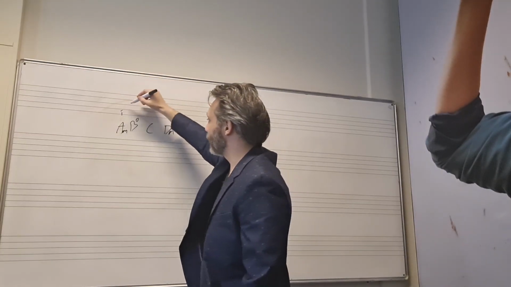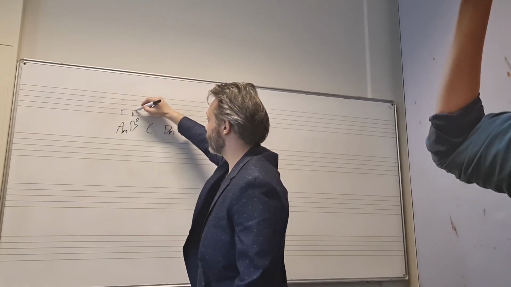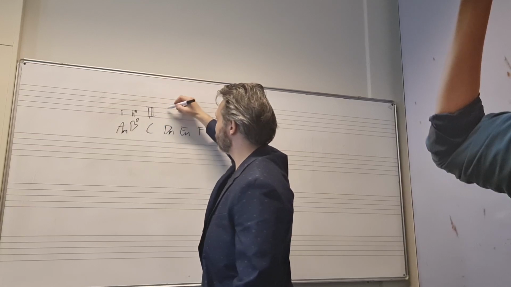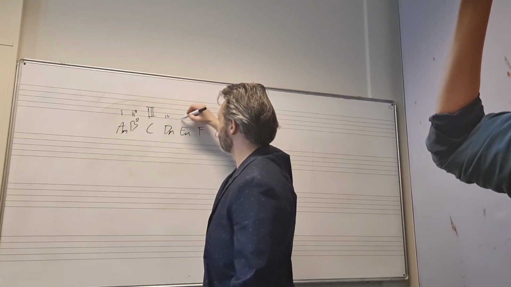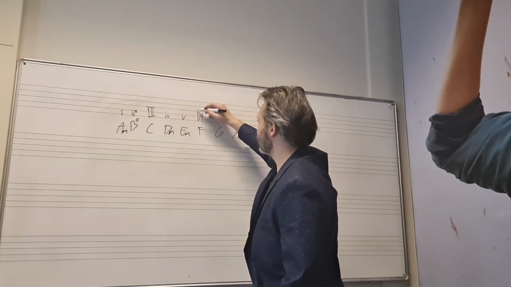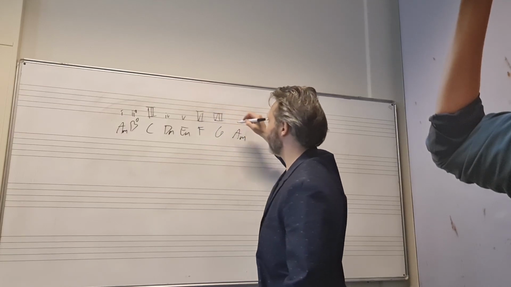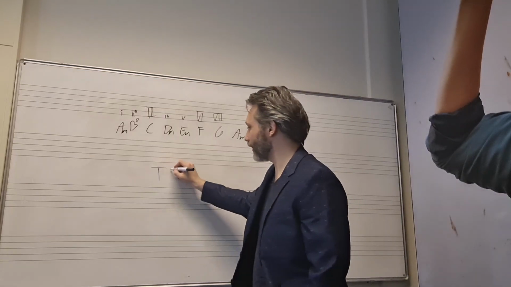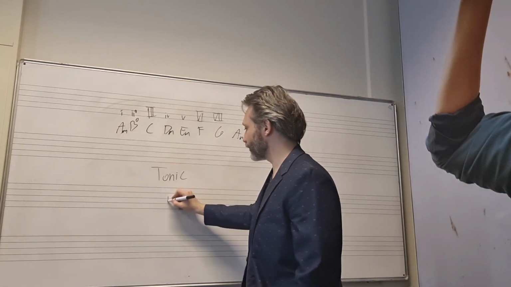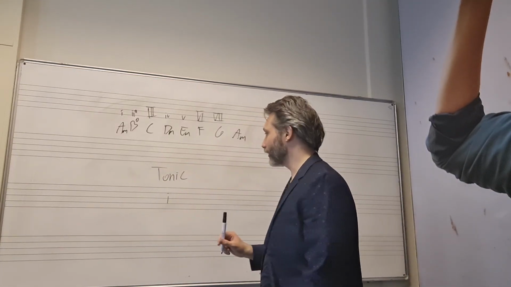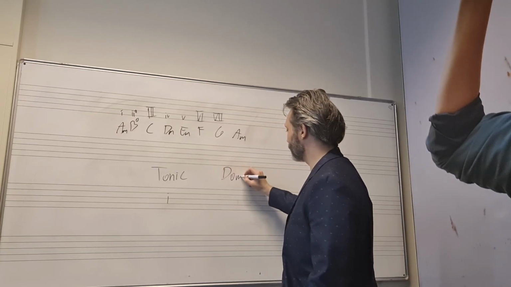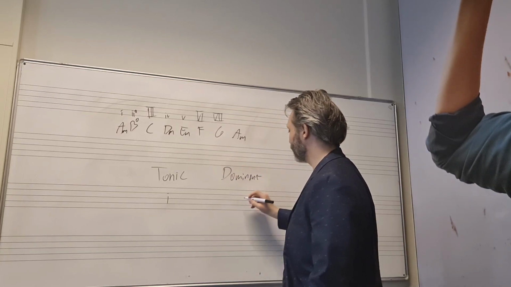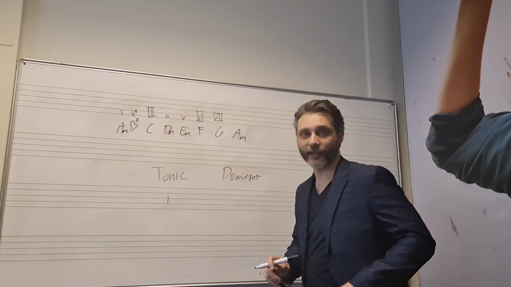Now we have a minor 1, a diminished 2, a major 3, minor 4 and 5, major 6 and 7. Okay. Our problem is that even though we still have a tonic, just because it's minor doesn't mean it's not home, our dominant is not a major chord.